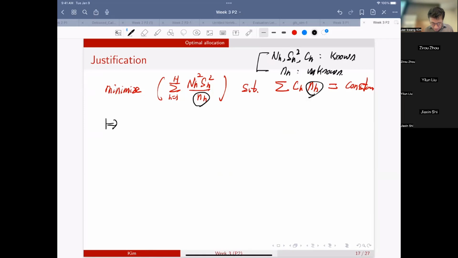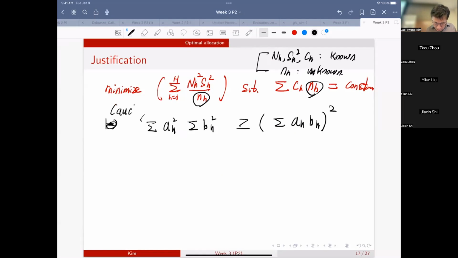Then the idea is there are many different ways, but I like to use maybe Cauchy-Schwarz. This turns out to be a very powerful formula, right? This is a kind of Cauchy-Schwarz, or sometimes just Schwarz, inequality.